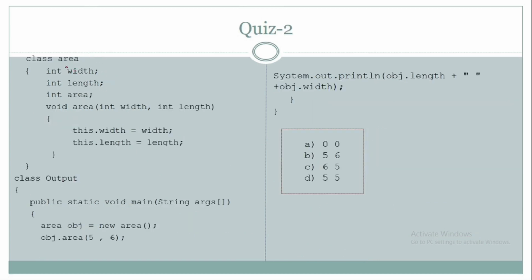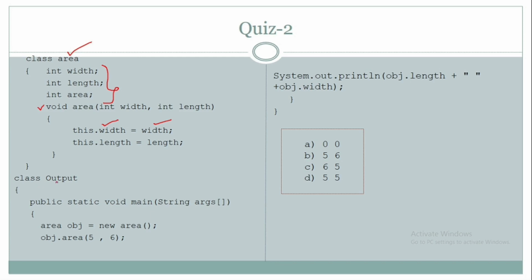We have a class with the name Area, and we have three instance variables and a method called area as well. This is how we differentiate between a local variable and an instance variable: this dot width refers to an instance variable.